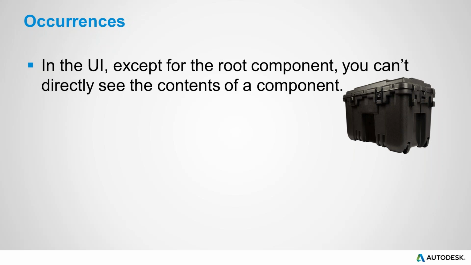So the root component is that nice transparent container where I can see all the data, and this is talking about from the UI. I can see all the data, I can manipulate it. But if I create other components, they're this opaque container, and from the UI, I can't ever really see the data that's inside that component directly.